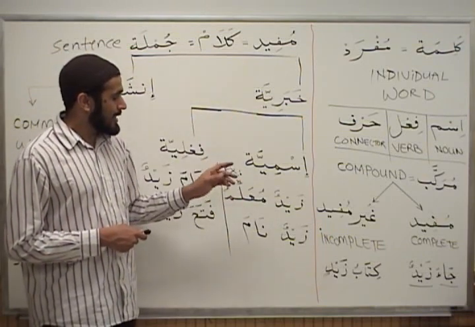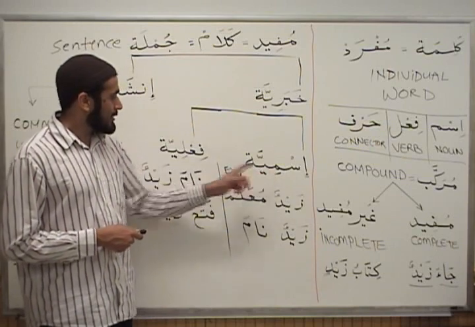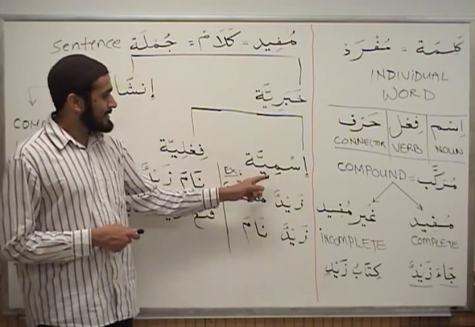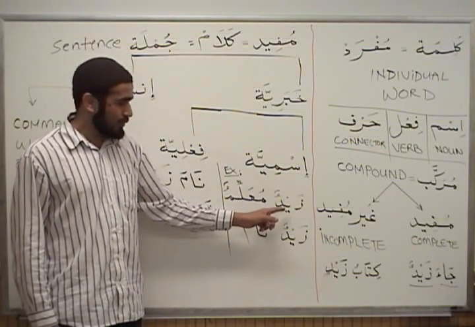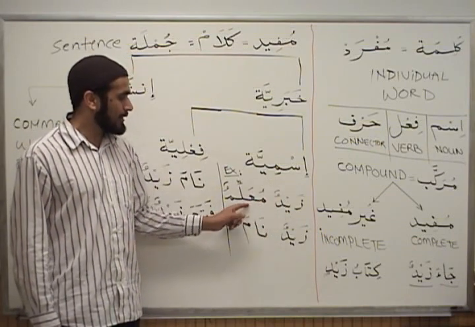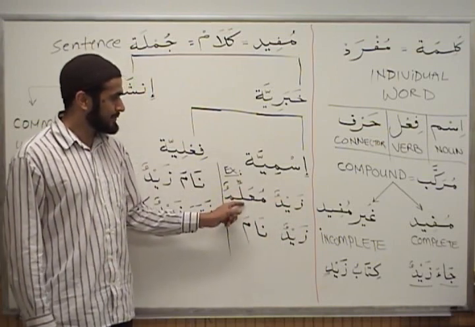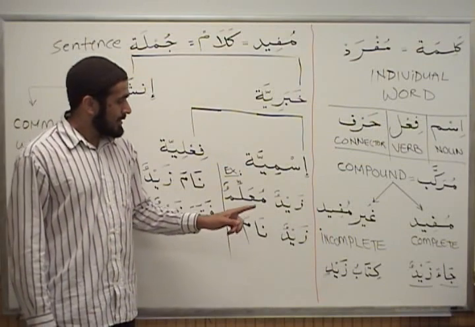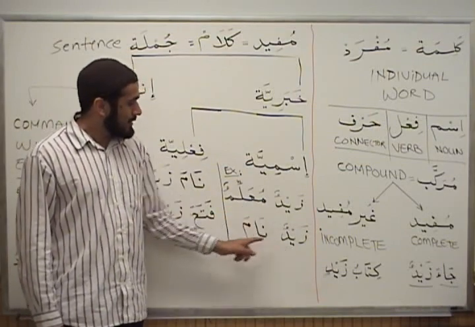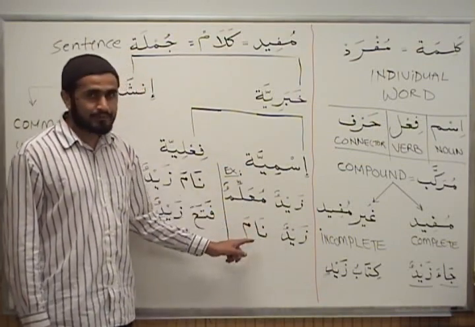And then finally, is it ismiya or the other one? It is ismiya because it begins with an ism. It begins with a noun. Zaydun muallimun, Zayd is a teacher. So that's what a jumla khabariya ismiya is. The other example is Zaydun nama.